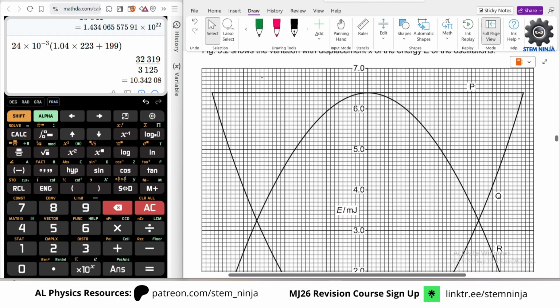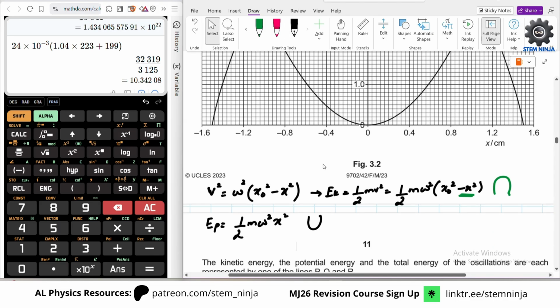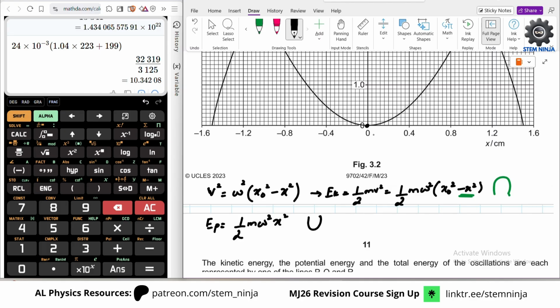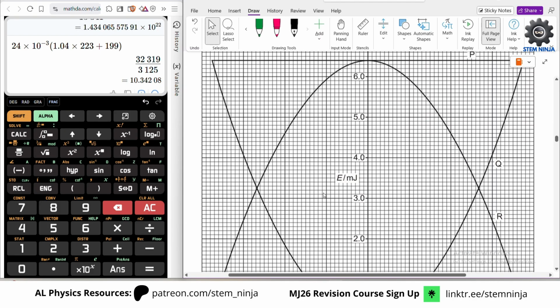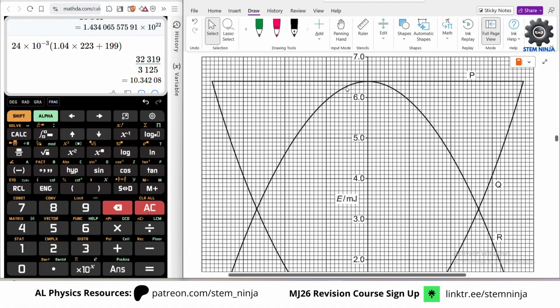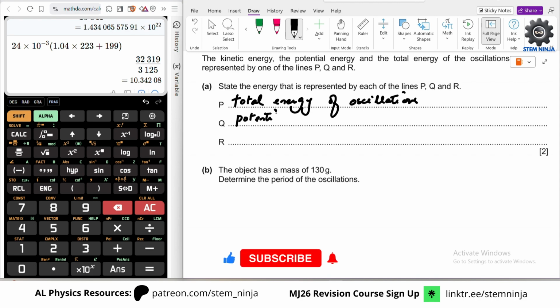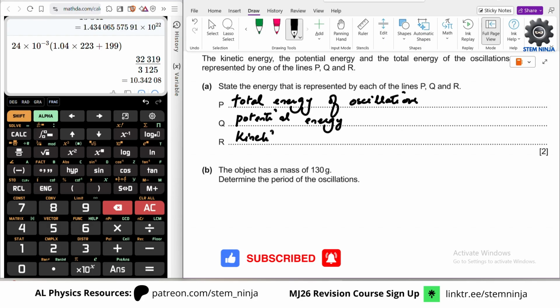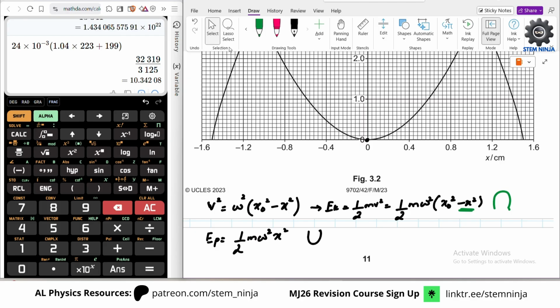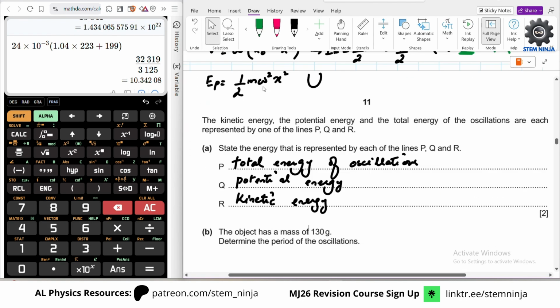Also, potential energy becomes 0 at the mean position when the object is passing through it, and kinetic energy at the mean position will be highest. So Q is the potential energy and R is the kinetic energy.